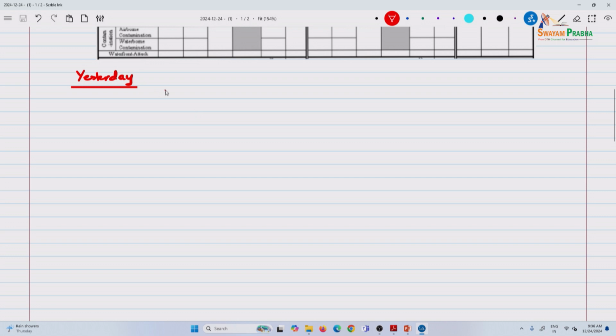So, yesterday what we saw was, one was risk assessment. We spent quite a bit of time looking at the risk assessment aspects of it. And then the second thing I'd like to do is blast standards.